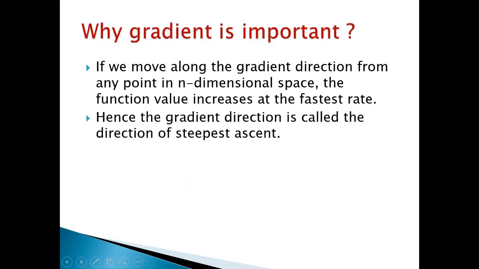If we move along the gradient direction from any point in n dimensional space, the function value increases at the fastest rate. Hence, the gradient direction is called the direction of steepest ascent. So if we want to move from a particular point to its maximum point, this step length will be decided by the gradient, that is the derivative.